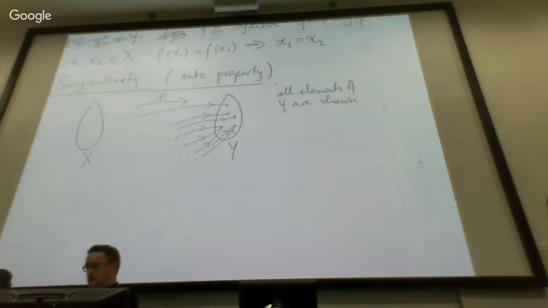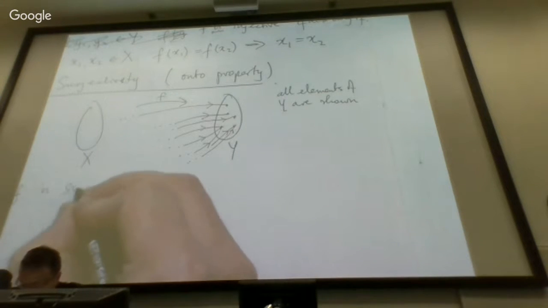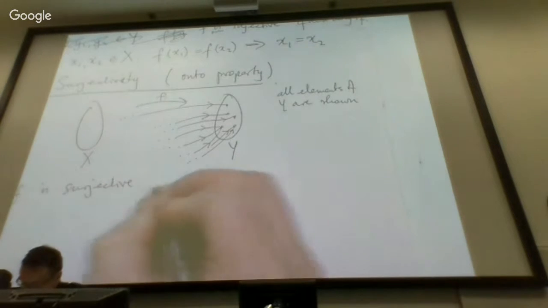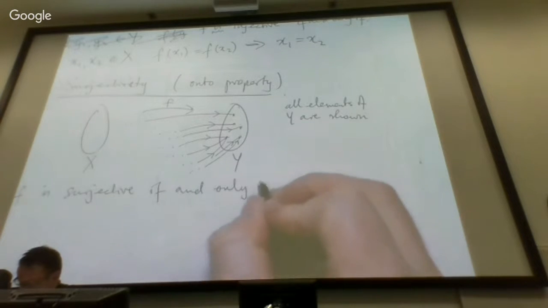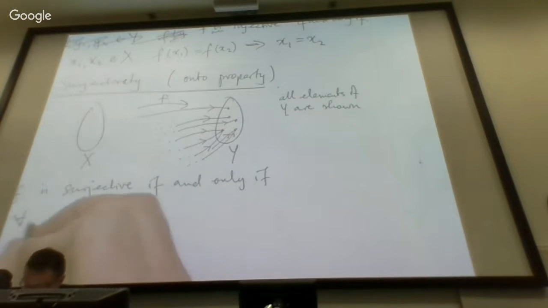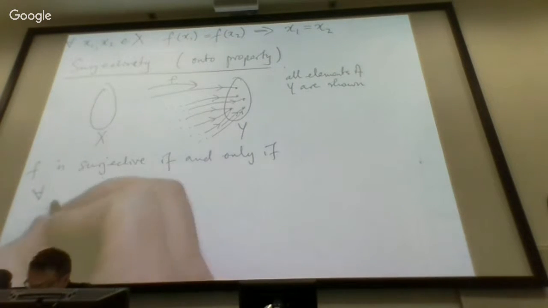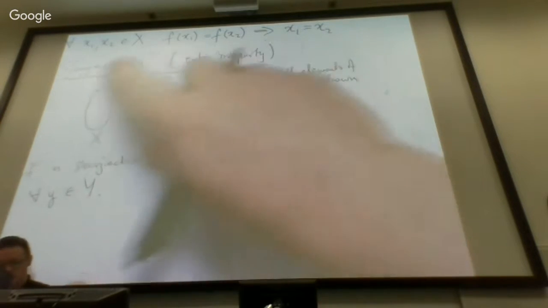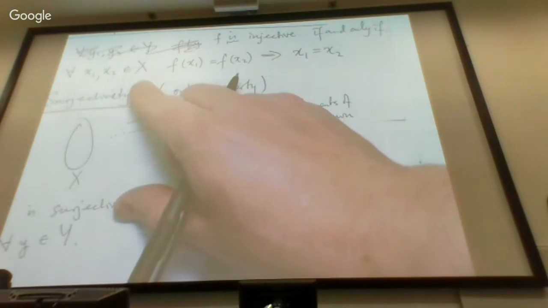The logical way we can define that is saying that f is surjective if and only if, this time, the logical statement ranges over elements in the codomain. Before, the scope of the statement was over elements in the domain.